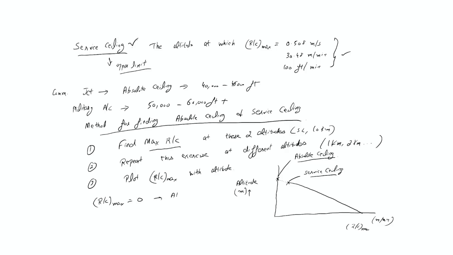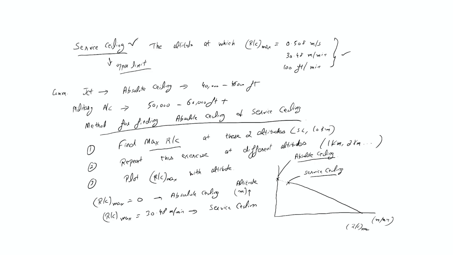Obviously, that point is known as the absolute ceiling. And where the maximum rate of climb is 30.48 meters per minute, that point is obviously the service ceiling.